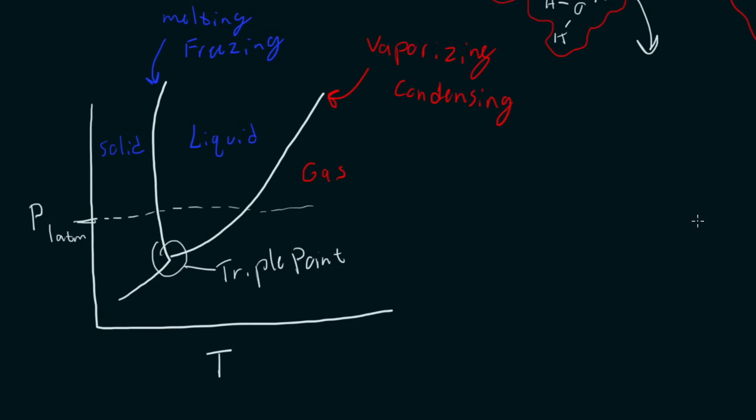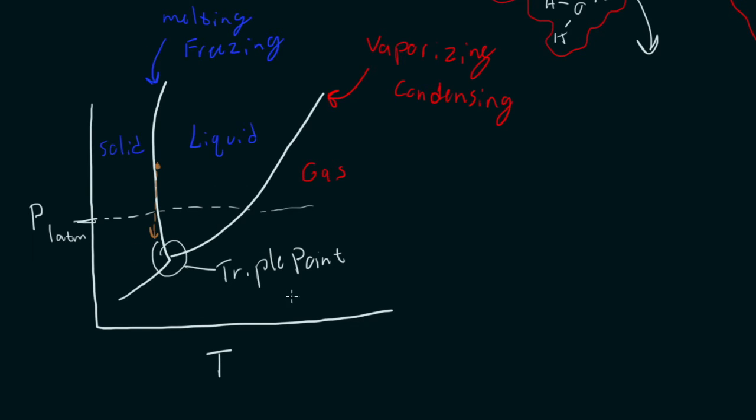But what this shows us is that not only do changes in temperature affect the state of a substance, so do changes in pressure. If I'm at a point right here, I didn't draw this exaggerated enough, and I increase my pressure, well, even if I keep my temperature constant, at a certain point I'm going to increase the pressure enough to freeze a substance, okay?